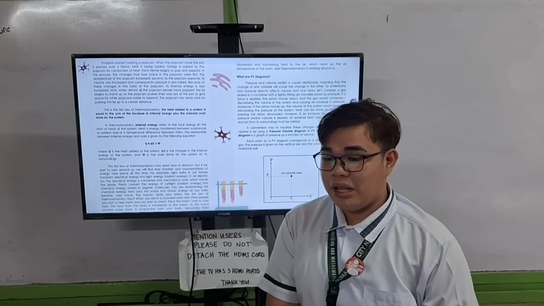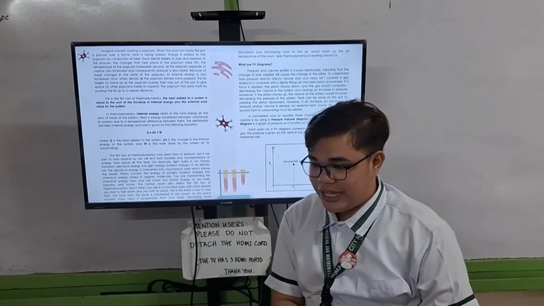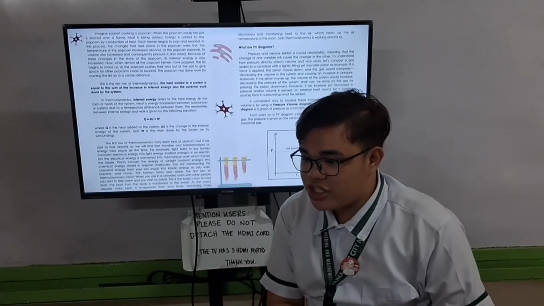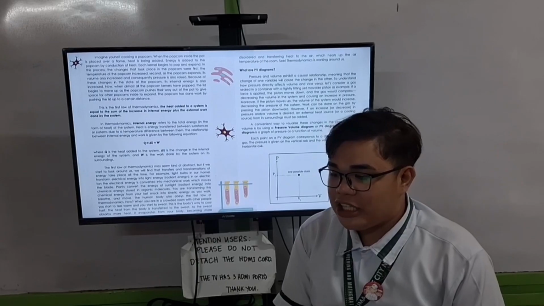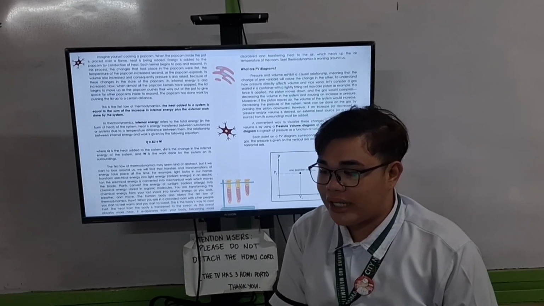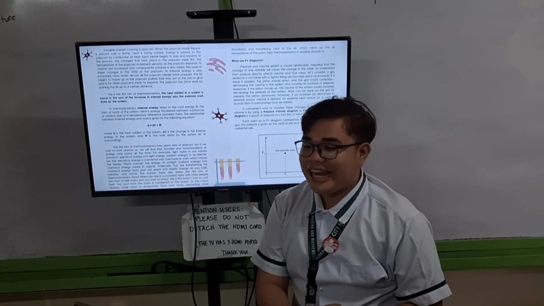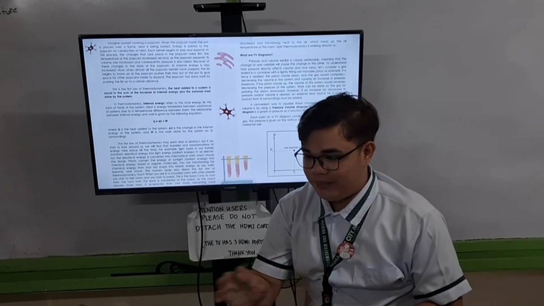This is the formula of the first law of thermodynamics: Q is equal to the change in internal energy plus the work done by the system. In short, the heat you add becomes the energy inside the system plus the work it does, like lifting the lid.